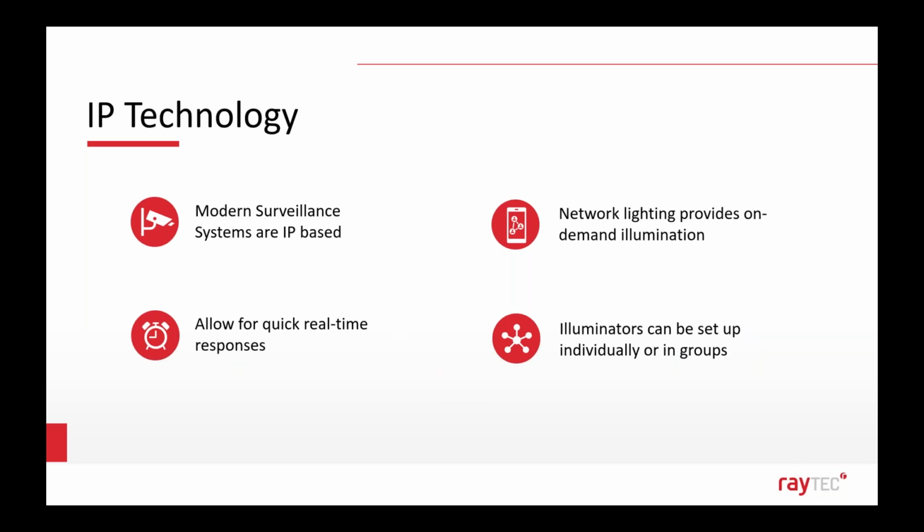In the same sense, or for the same reason that Watchtower decided to use our network illuminators, we also have IP/network enabled products. The main benefit is that you can remotely configure them, so you can fine tune light levels. Perhaps you are getting too much light and it's causing some overexposure, you can just tweak it downwards. If you are using the lights only at nighttime, you can adjust photocell sensitivity so that you can ensure the lamps are coming on exactly when and where you need them.